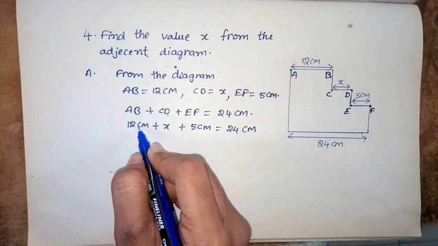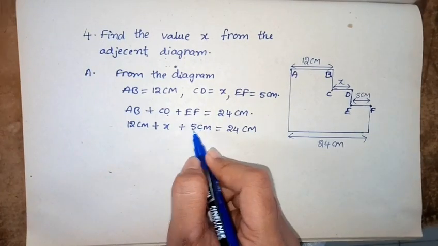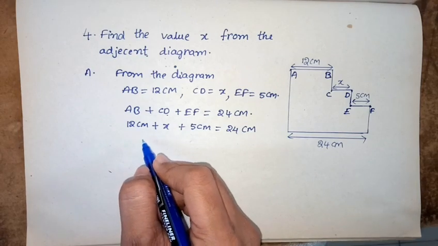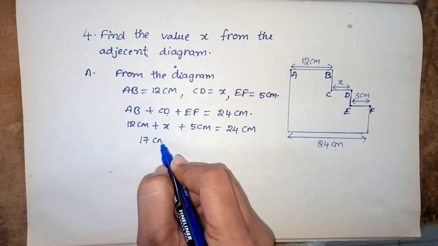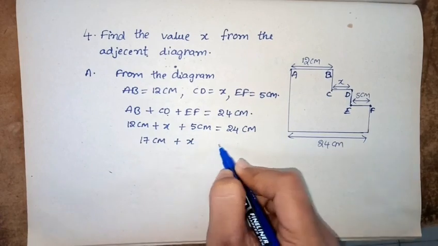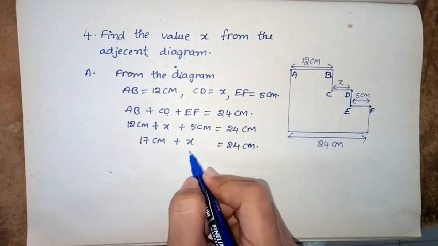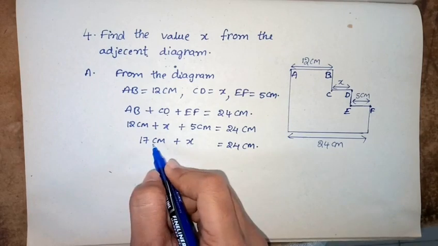Now add 12 centimeters plus 5 centimeters. So 17 centimeters plus x is equal to 24 centimeters. So find the x value by removing 17.